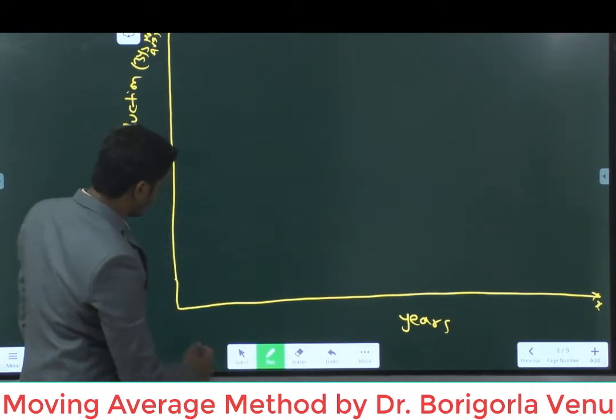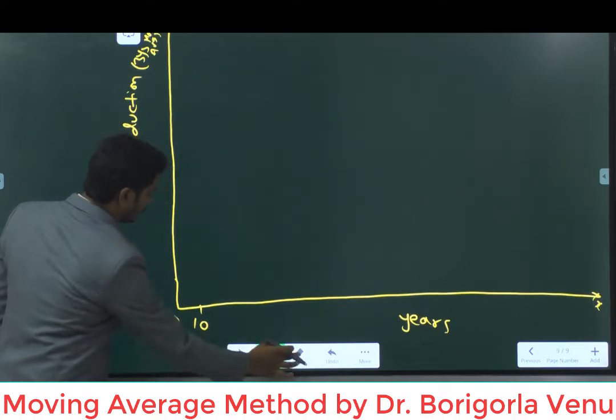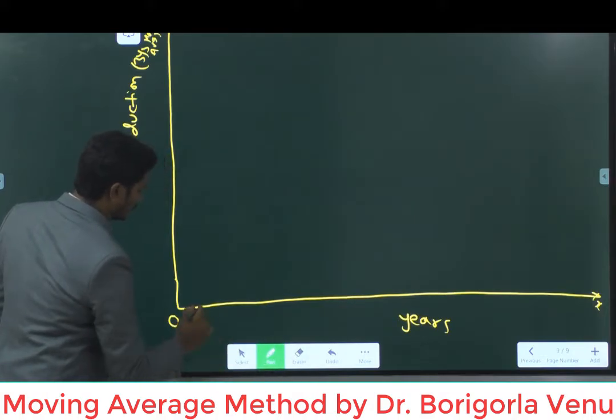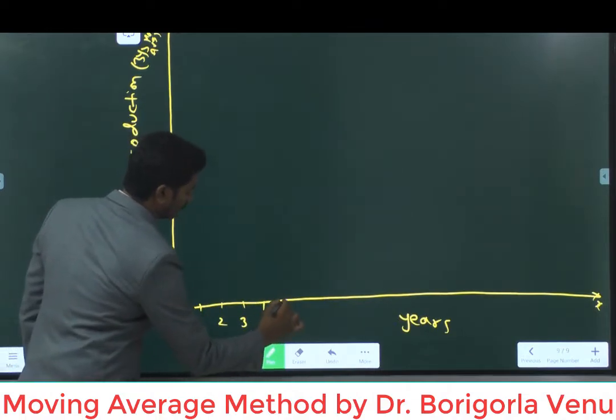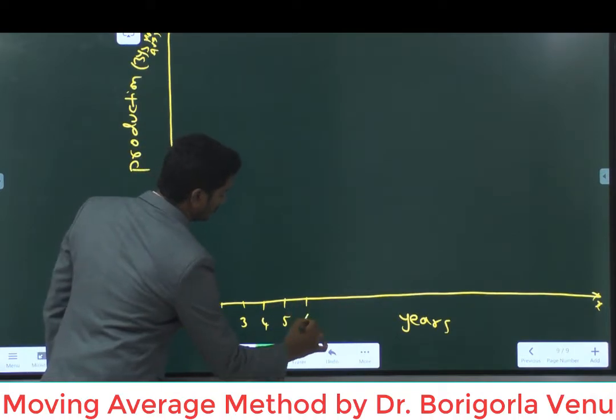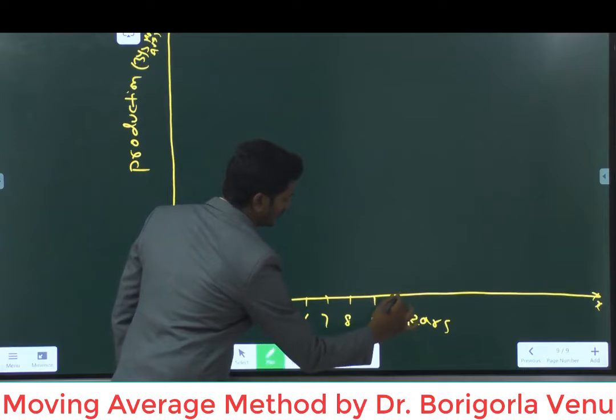So first, coming to the years, initially we have 10 years: 1, 2, 3, 4, 5, 6, 7, 8, 9, 10.